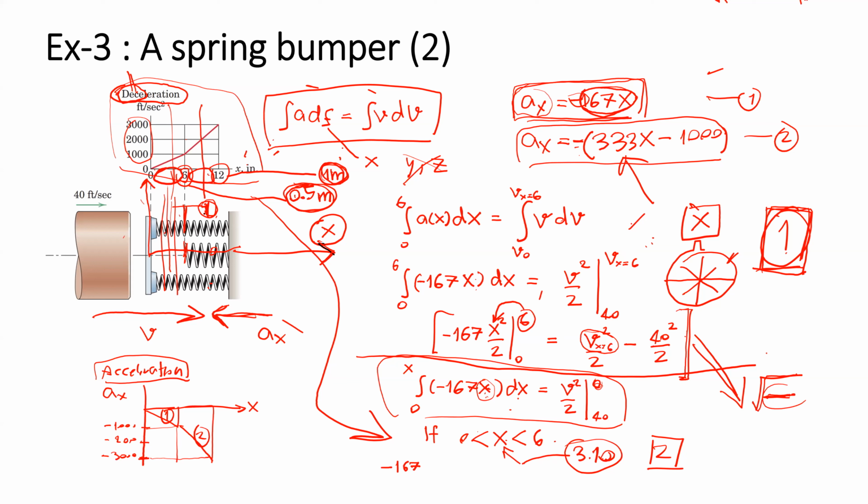If we change the value to be this, maybe we can still calculate the velocity when x equals 0.5. We may still see the velocity when x equals 0.5, and we need to do the same process for the second region to obtain the final x position.